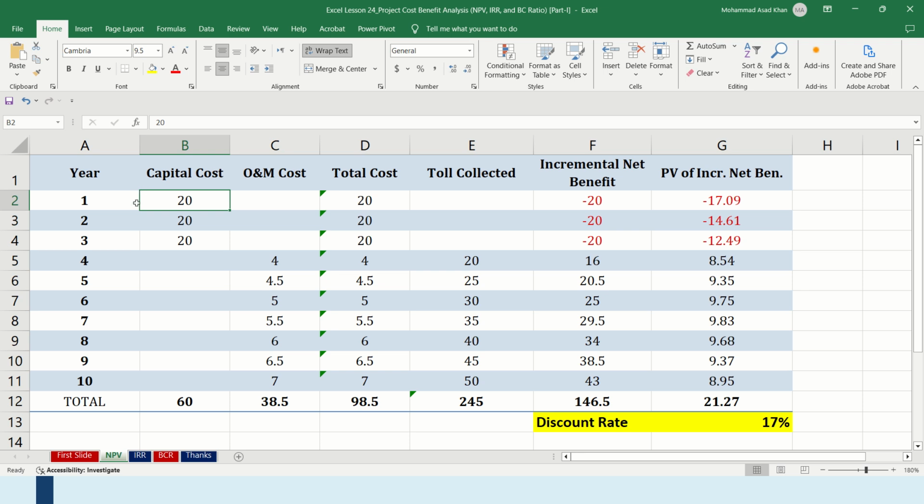So many costs have accumulated into this capital cost. For your ease of view, I have reduced this sheet to these 7 columns. Otherwise, this sheet could have been 70, 80 or 100 columns to the right side.